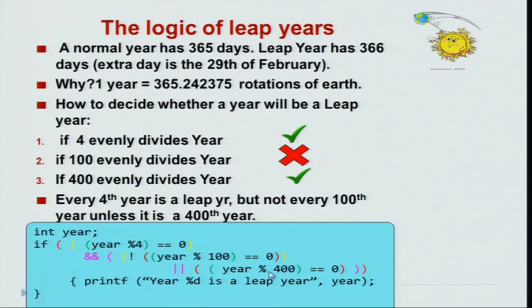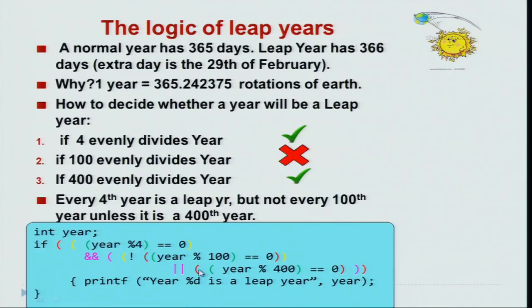For example, if you have 400, then it is a leap year. What will happen is that 400 modulo 4 is 0. Then 400 modulo 100 is 0, so this is equal to 0, and not of 0 is 1. So, this part is true, and it is also divisible by 400. 400 modulo 400 is 0, therefore, this part is true.